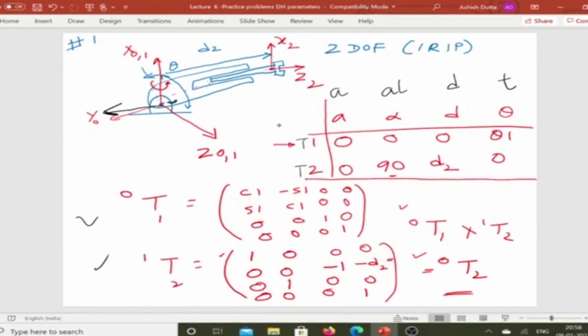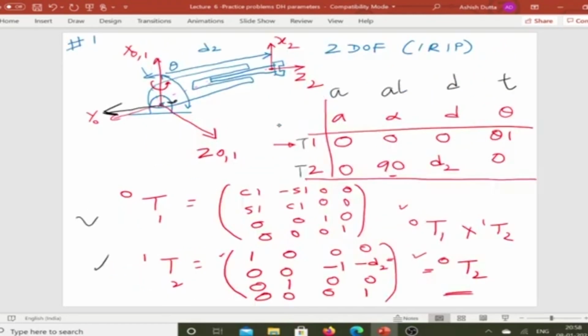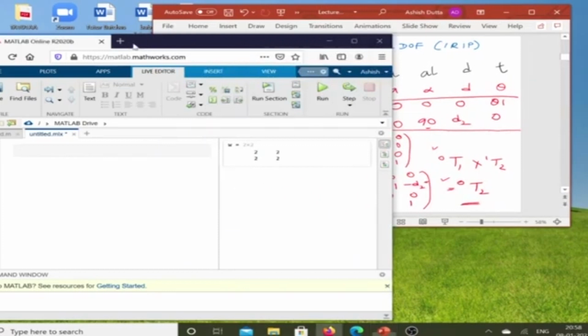So I'll write a generalized program in which I put a, alpha, d, and theta in this generalized matrix, and then take one row from the table and find the transformation matrices. So let's go to MATLAB and see how to enter the generalized matrix.